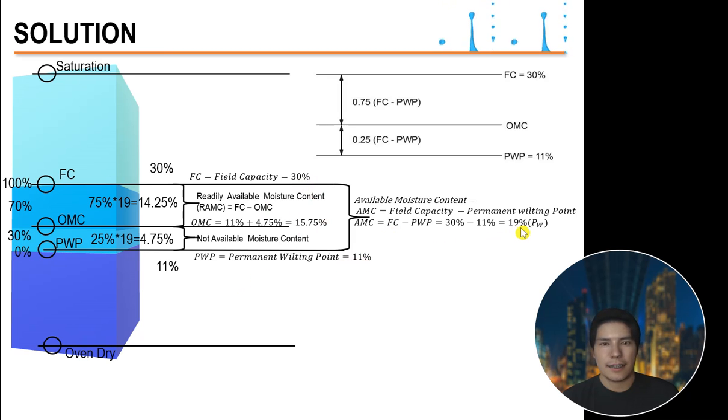So, we have 19%, no? So, 75% of that, yan yung ilalagay natin sa readily available moisture content. So 75% of this 19, we have 14.25%. And the 25% dito for not available moisture content, so 1/4 of this 19% is 4.75%. Okay?